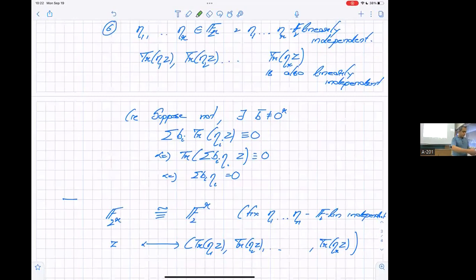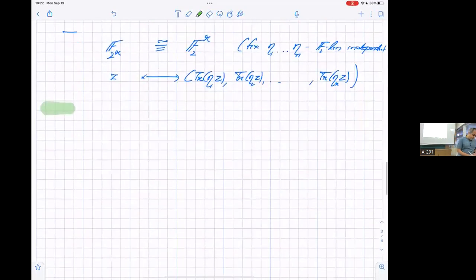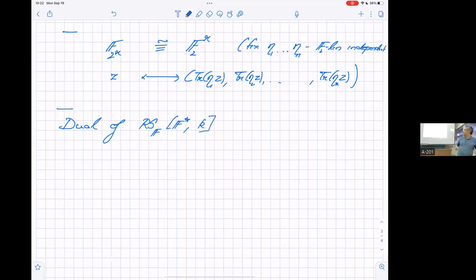So much for trace. Now let's go back to the first two. The second thing which I wanted to look at is the dual of RS over F, star, k. We had almost done this last time.